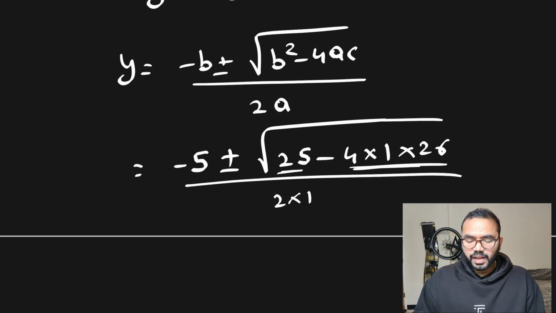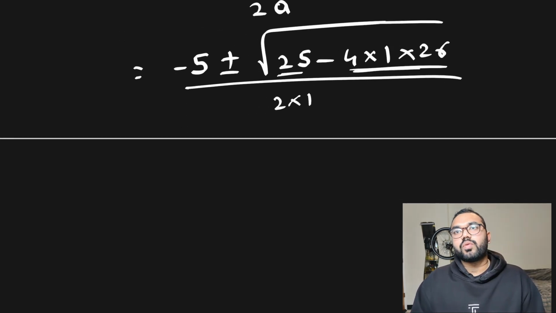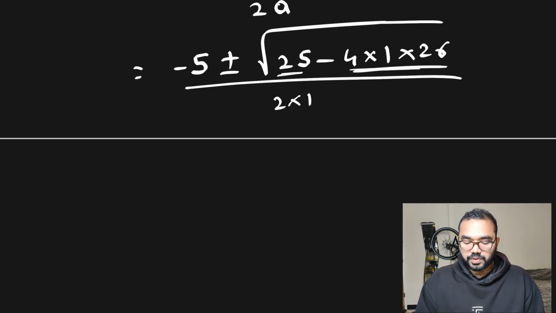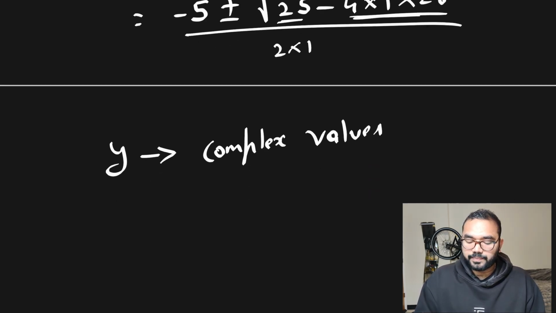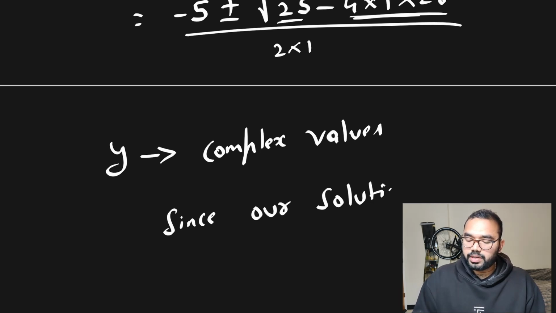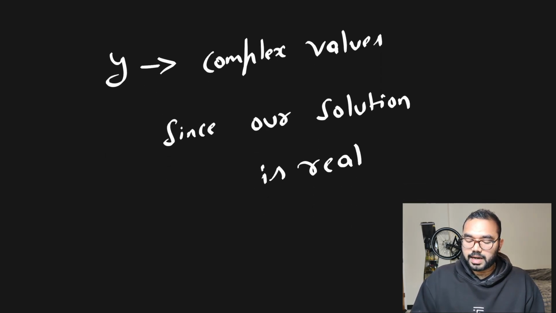So since we want real values for x, we're not going to consider this to be our solution. So this y has complex values. Since our solution is real, we will just discard this.